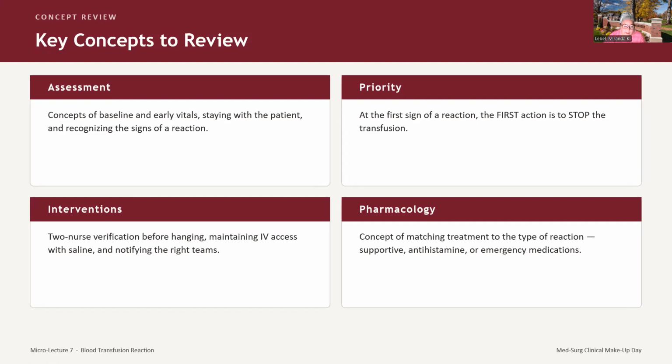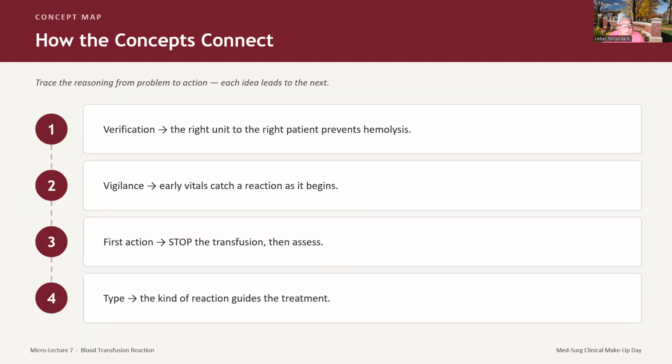Your interventions before hanging are going to be nurse verification. You want to maintain IV access with saline, and you want to notify the right teams, right? And then pharmacology, our concept of matching treatment to the type of reaction, whether it's supportive, antihistamine, or emergency medications. And then your verification. So again, the concepts connect.